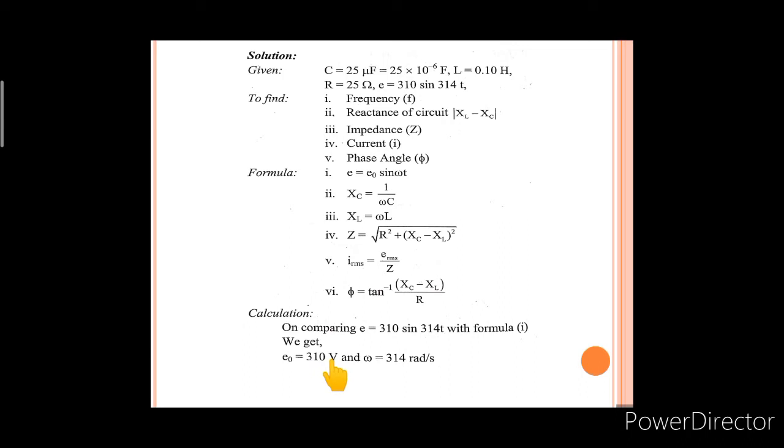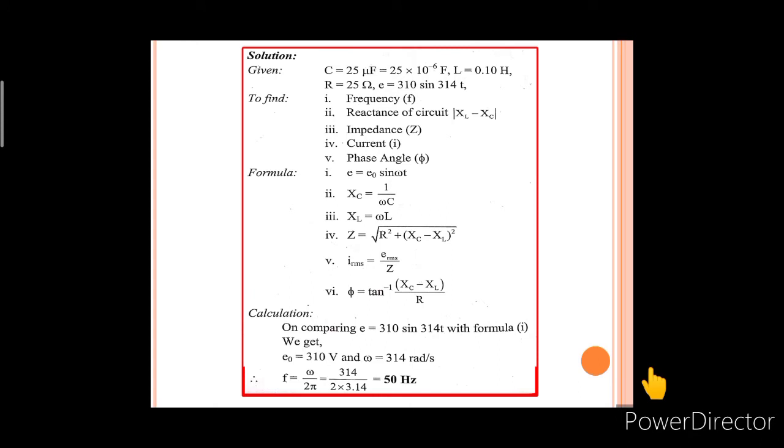So on comparing the given equation with the basic formula E is equal to E0 sine omega t, we are getting E0 is equal to 310 volt and omega is equal to 314 radian per second.